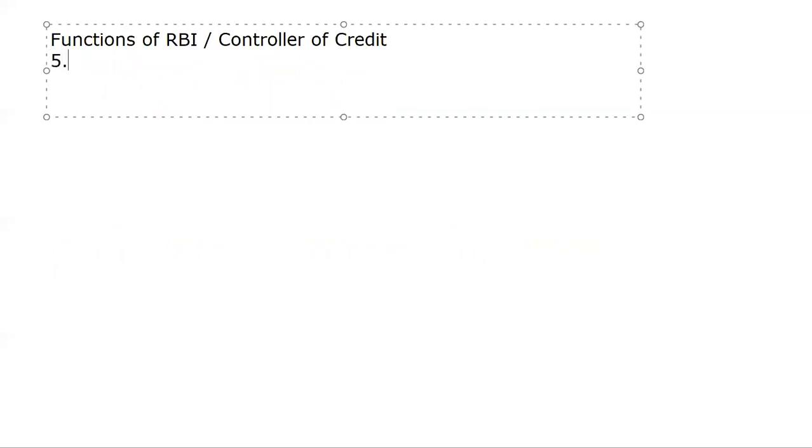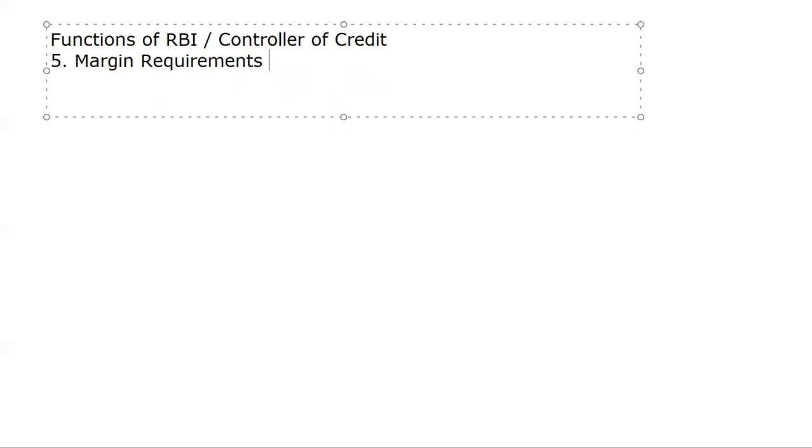Method number 5 is margin requirements. What are the margin requirements, or how does the RBI or the central bank control the money supply by this tool or by this method?